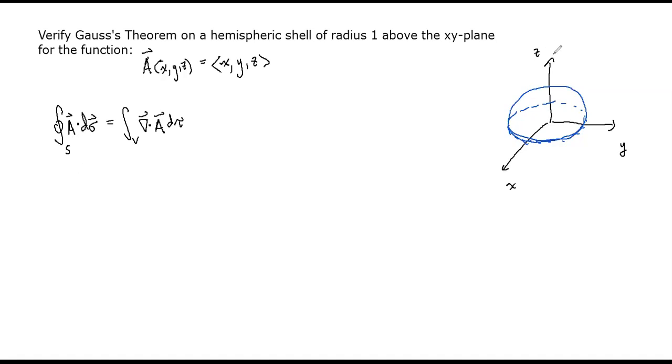So what comprises the surface? Remember, it's a closed surface. So how many pieces do I have to worry about? Like pieces of the surface?